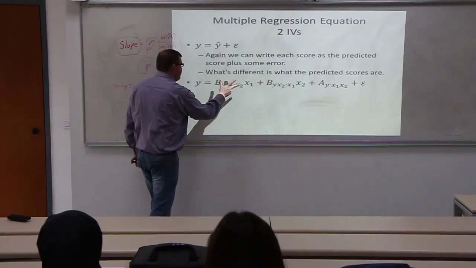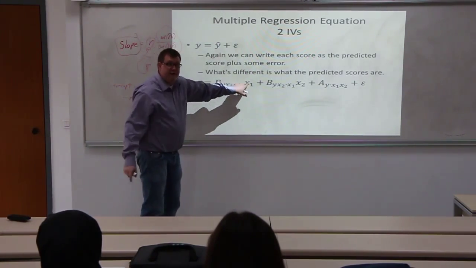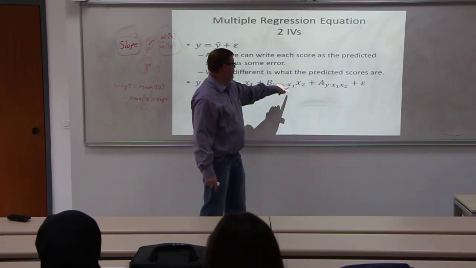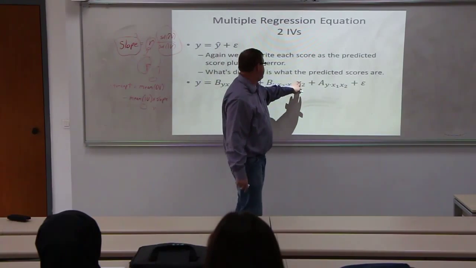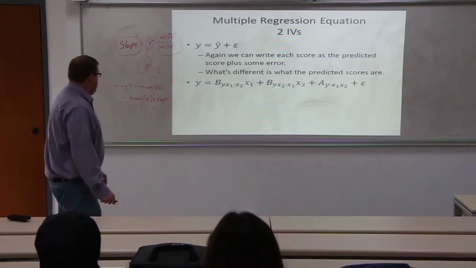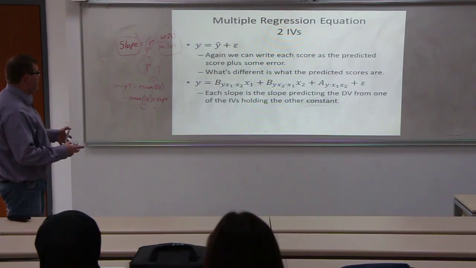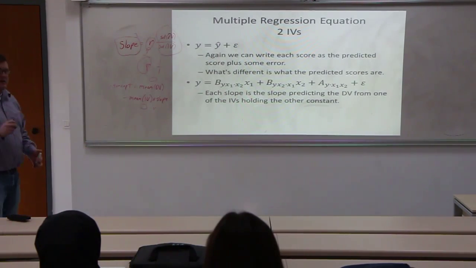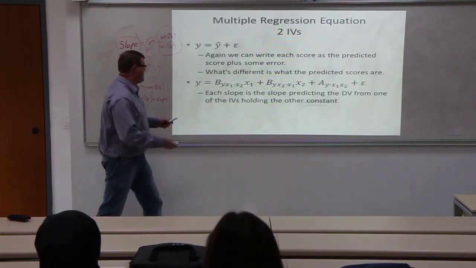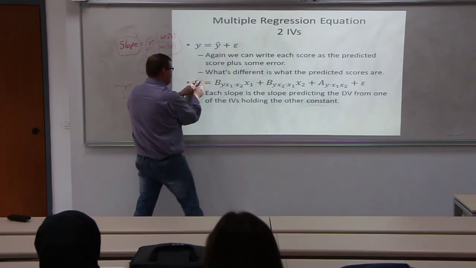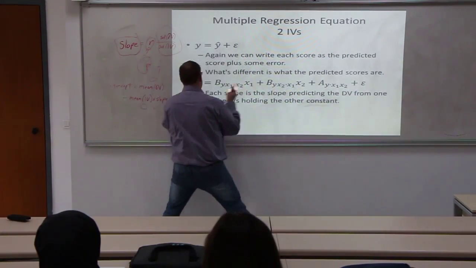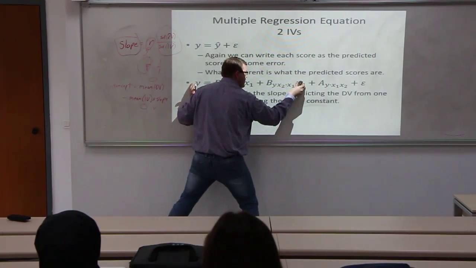So y, we have some slope for the first independent variable, plus some slope for the second independent variable times the second independent variable, plus some intercept and error. So each slope is the slope that's predicting the dependent variable from one of the independent variables. So this slope predicts this from that. This slope predicts this from that.